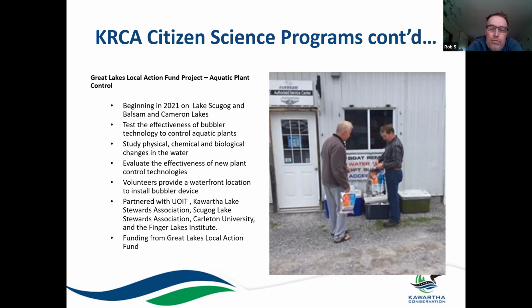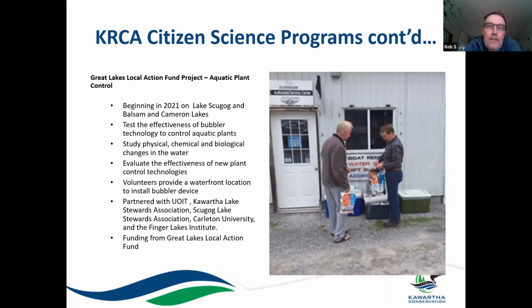The last project that I'm going to talk about that's taking place at Kawartha Conservation is also a Great Lakes Action Fund project. It is a nearshore aquatic plant control study. We're looking at how bubblers can reduce the number of aquatic plants in the nearshore environment.